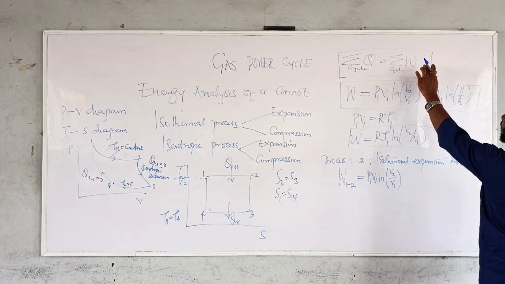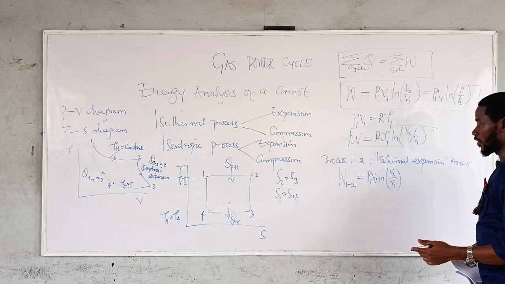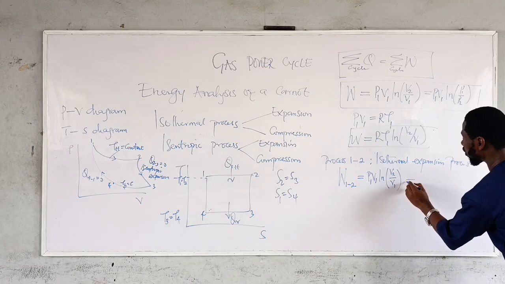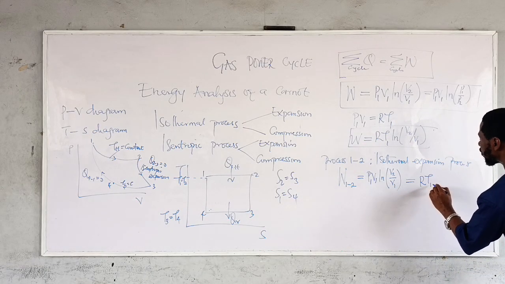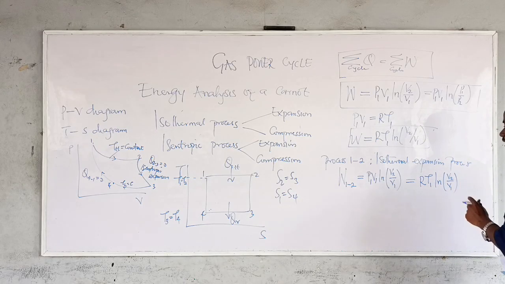Then go back to your first law of thermodynamics. You want to analyze that of heat, Q1 to 2. The work transfer from stage 1 to stage 2 can also be expressed as RT1 ln V2 over V1.